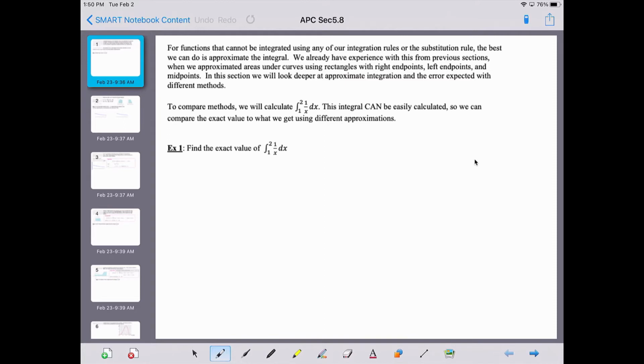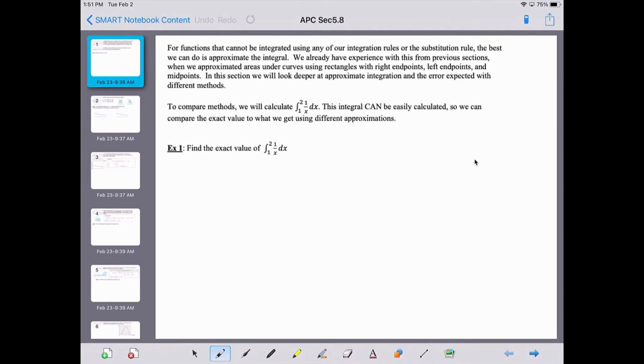So to compare methods, we are going to calculate the integral from 1 to 2 of 1 over x dx. This integral can be easily calculated, so we can compare the exact value to what we get using our different approximations. So in our example 1, first we're going to start out today by just finding the value of this integral.